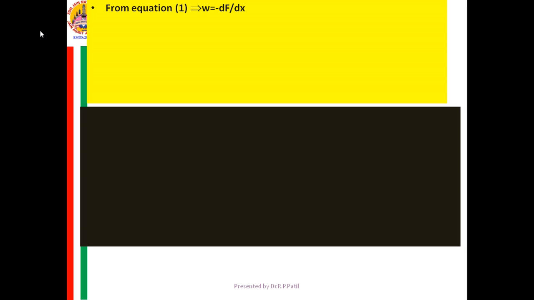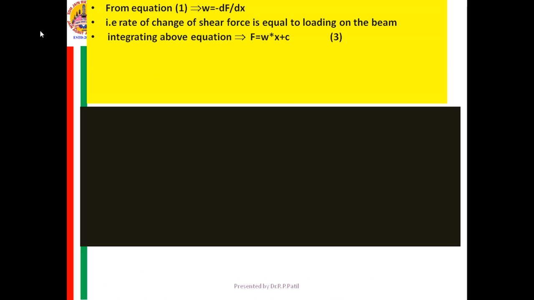From equation 1, W is equal to minus dF by dx, or if I integrate it with respect to x, integral of W is W into dx, W into x plus C equal to F. Here we are getting an important relationship.